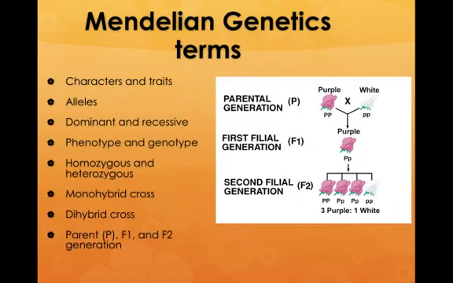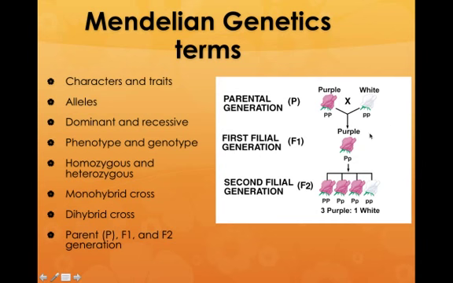All right. So if we back up here, this is an example of a monohybrid cross too. What we're showing here is we have a true breeding purple plant with a true breeding white plant. The two alleles of a character, which is flower color. This organism can only donate one of these alleles, and this organism can only donate one of these alleles, so we end up with offspring that are all the same.